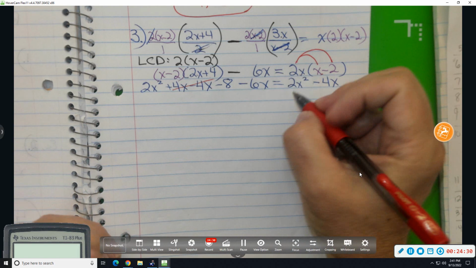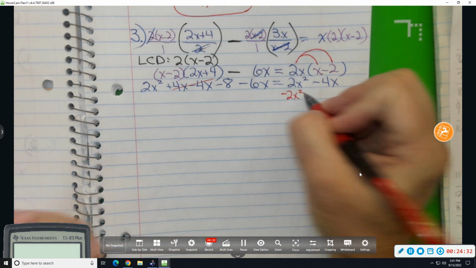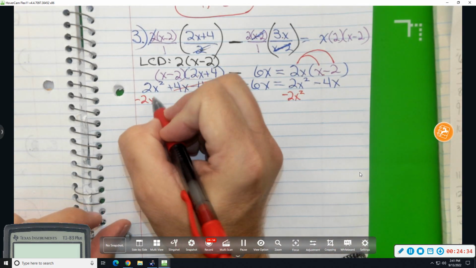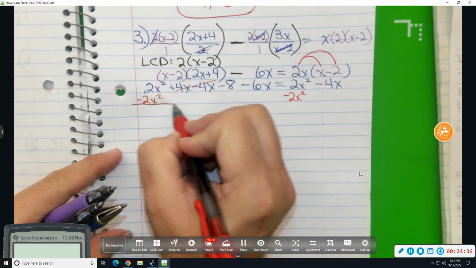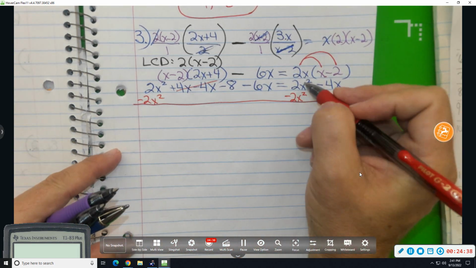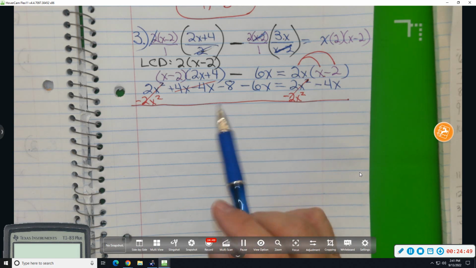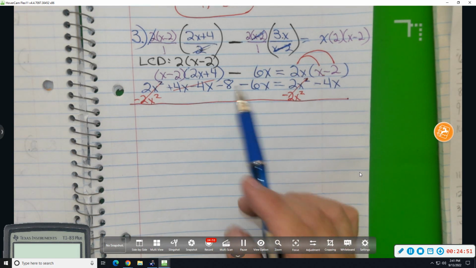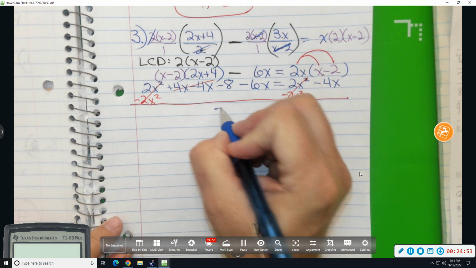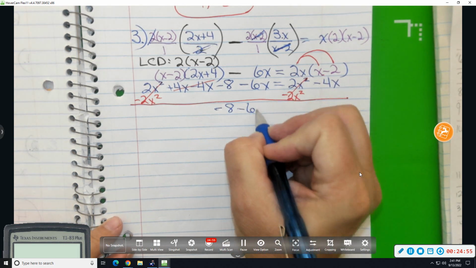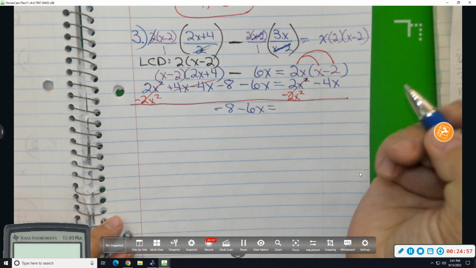Subtract, I agree. Minus 2x squared, minus 2x squared. We don't have any x squared terms remaining. Maybe to make it look a little cleaner, I'm going to just write down what hasn't been crossed out. All we have left there is, on the left side, a negative 8 minus 6x. What have we got left on the right?